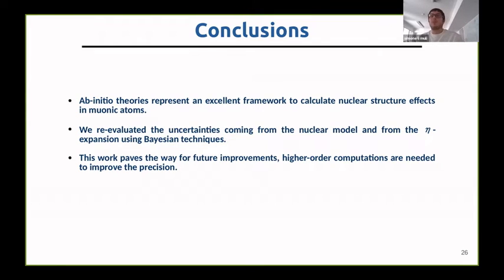We found out that we need higher order computations in the chiral expansion to improve the precision coming from the nuclear model. And probably for the muonic helium 3, we need to redo a computation of the polarizability without using this expansion at all. So thanks a lot for your attention, and please let me know if you have questions.